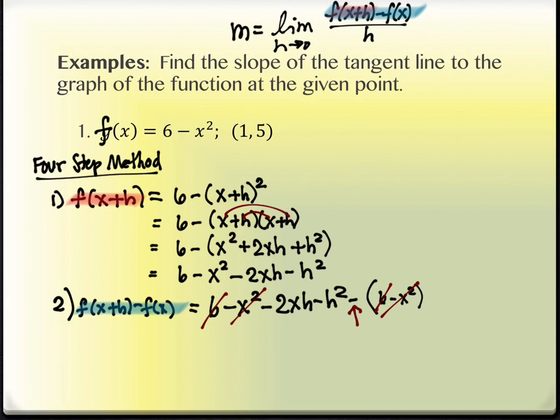So in particular, everything in the original function, that parentheses that I just put in, will not remain. It will reduce with something I already have. Almost always going to happen like that. So I end up with a smaller expression than I had before. Now I have negative 2xh and minus h squared.